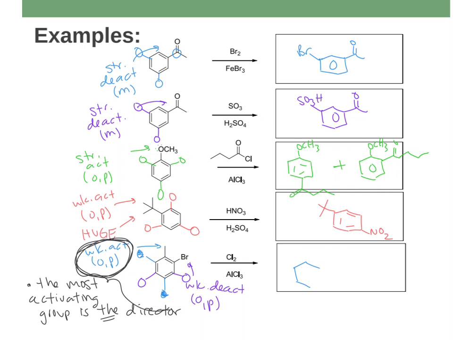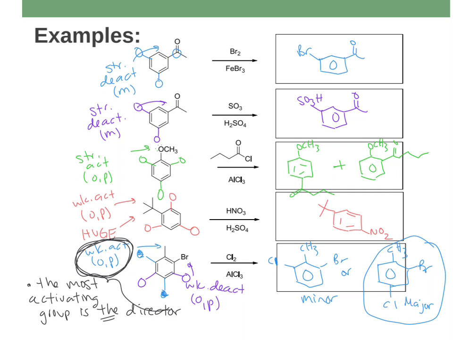So that means I'm either going to have CH3, bromine, and chlorine, or bromine, CH3, and chlorine. And between the two of these, this one definitely looks major to me because the chlorine is going to have more space. This would be the minor one because you're cramming all of the groups together. So if I was asked for one product, I'd pick that one.